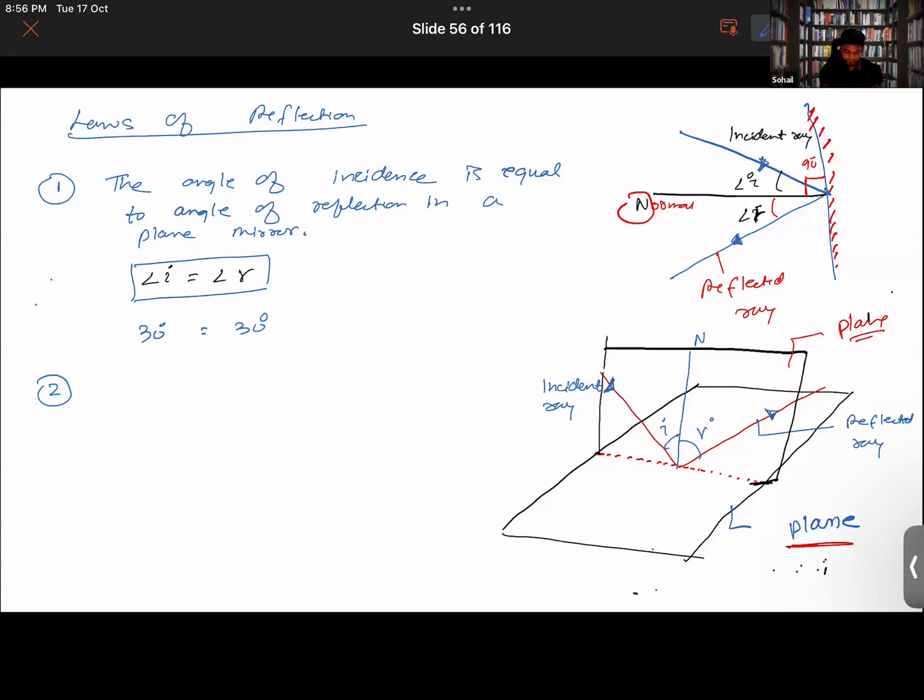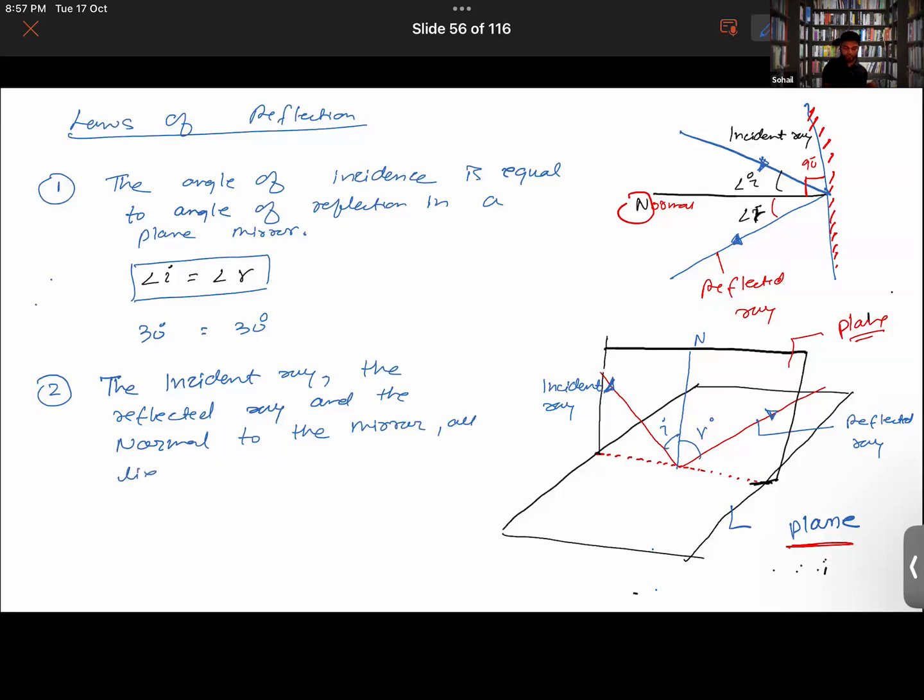Anyone? Okay, let me write it. The incident ray, the reflected ray, and the normal to the mirror, all lie in the same plane.